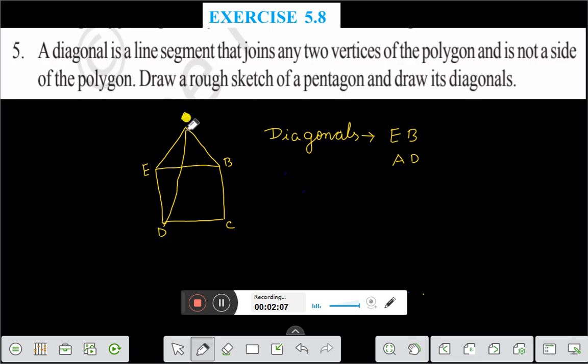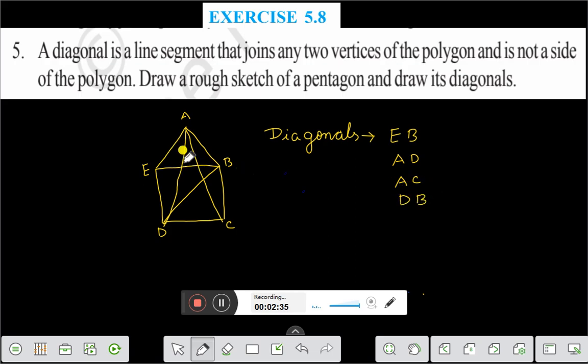Next, we join A with C. There is another diagonal, that is AC. 3 diagonals we got. Now we can also join DB. That is another diagonal DB.